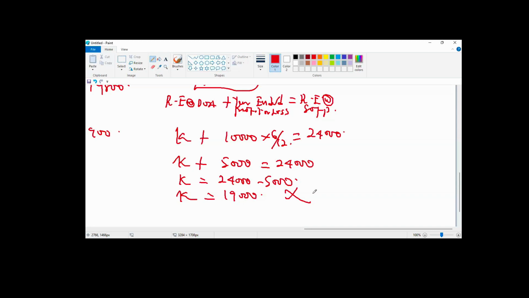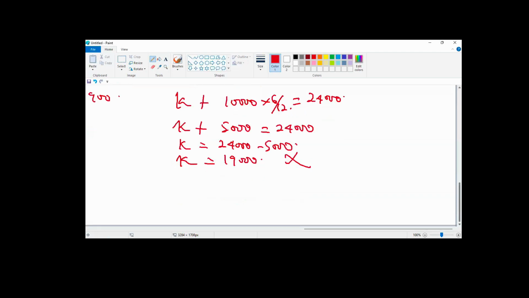Let's take it from the other place. Seasonal, 60% of the profits. I will now say, okay, the same thing, the only difference is here.